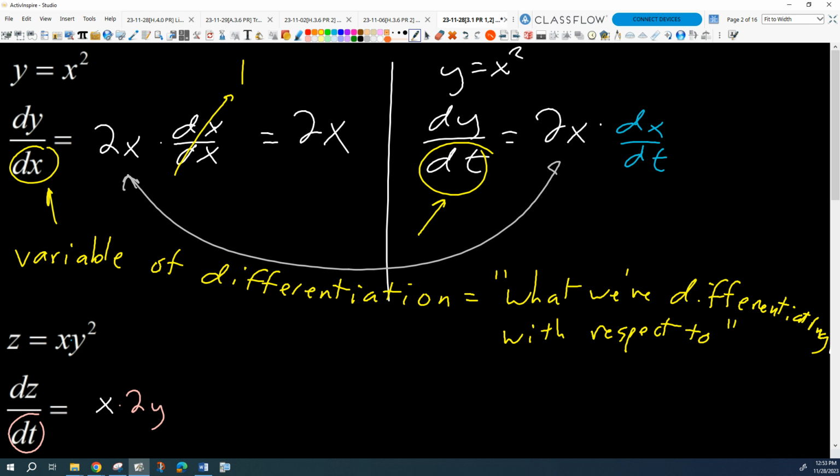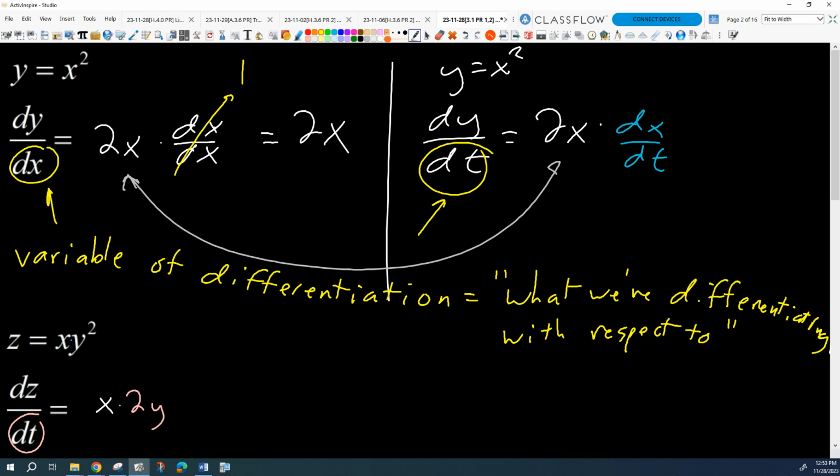Maybe I want to know, okay, well, what is the rate of change of the vertical position of the object? In other words, what's its vertical velocity? Just the vertical component of velocity. Well, then I'm going to find dy/dt. What's my answer? The answer is the vertical speed of the object is equal to 2 times the horizontal position times the horizontal speed, dx/dt.